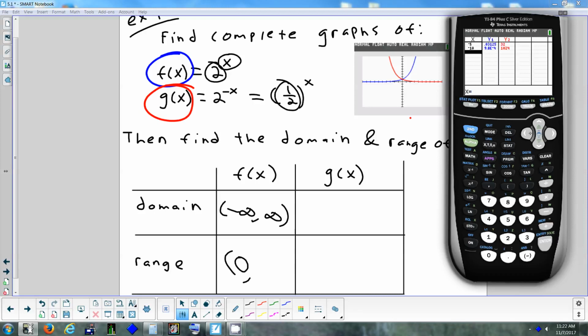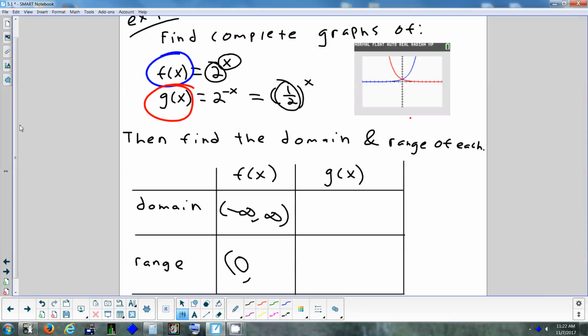All right, so as you get more and more negative, now that's roughly 3 times 10 to the negative 8th power. Very, very small, but still not 0. Okay, and what about the highest that the graph in blue goes? Infinity. As x gets bigger and bigger, you just have 2 to a bigger and bigger power.